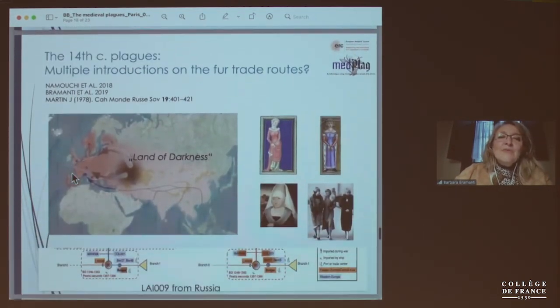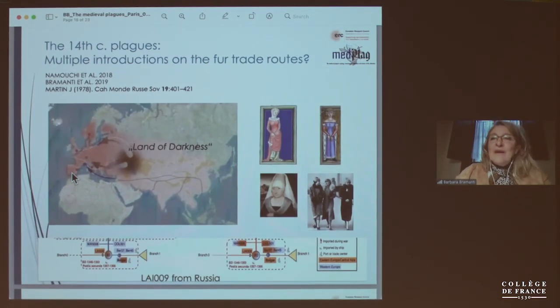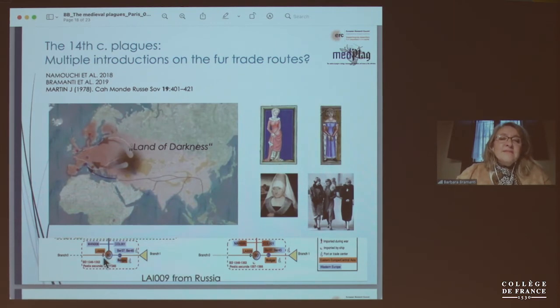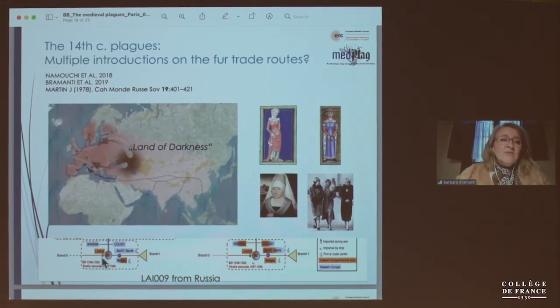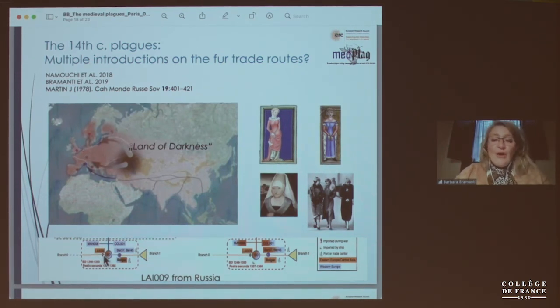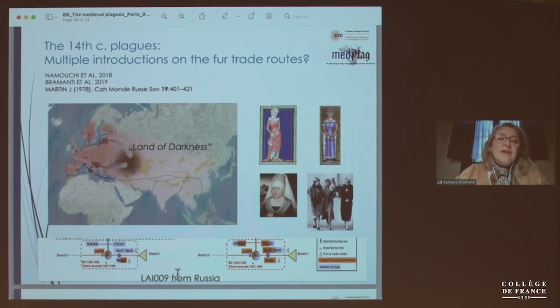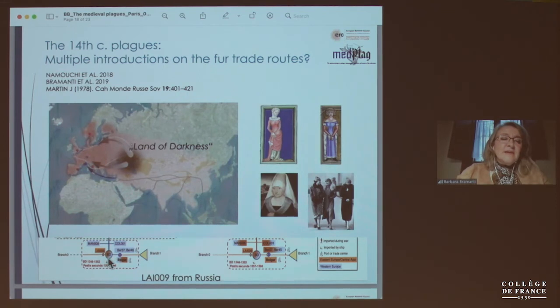Let's now consider the single part of this branch. So you can see that Krause and his group have published the most ancient genome of the period, which is a strain from Russia, on the Volga, to be exact.